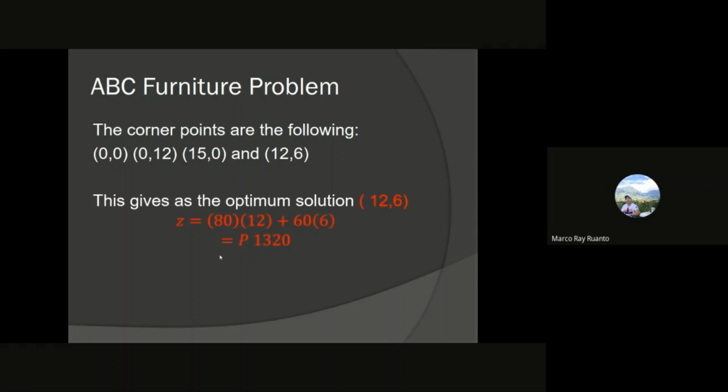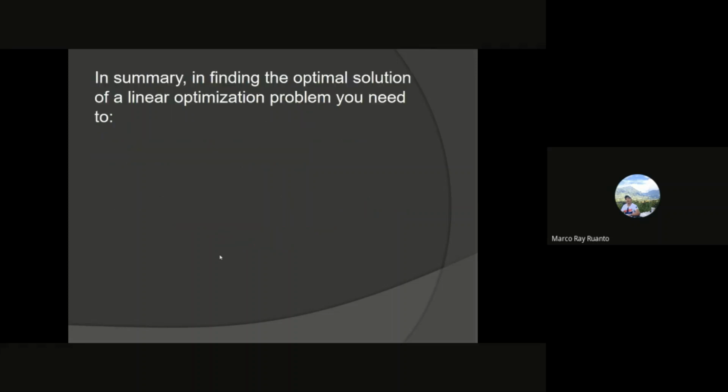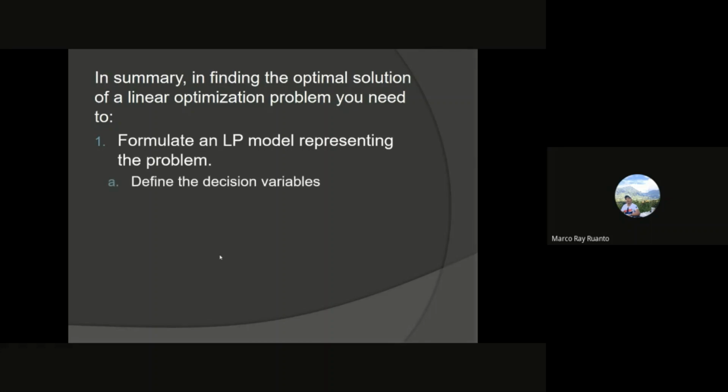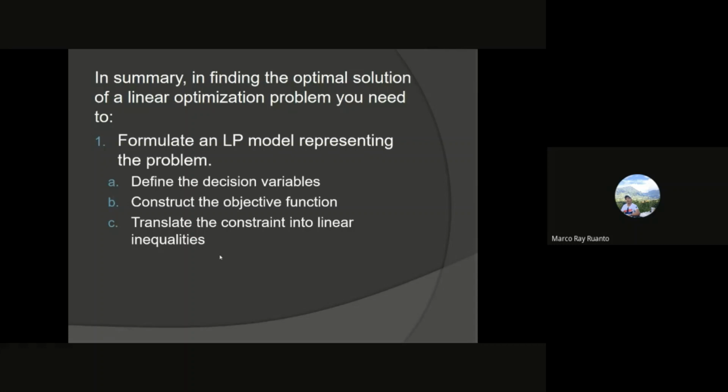in summary, these are the steps. Number one, we formulate the LP model representing the problem. That is, we define the decision variables, construct the objective function, then translate the constraints into linear inequalities. The second step is to sketch the graph of the constraints and locate the feasible region.